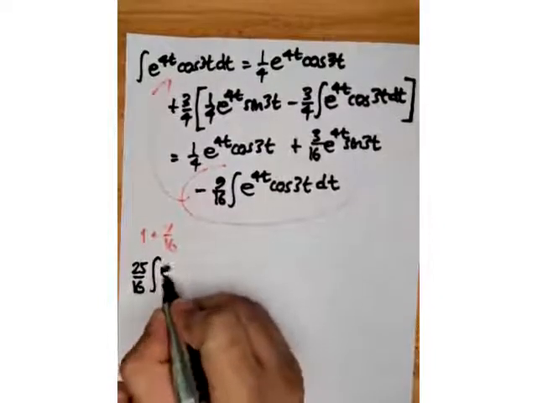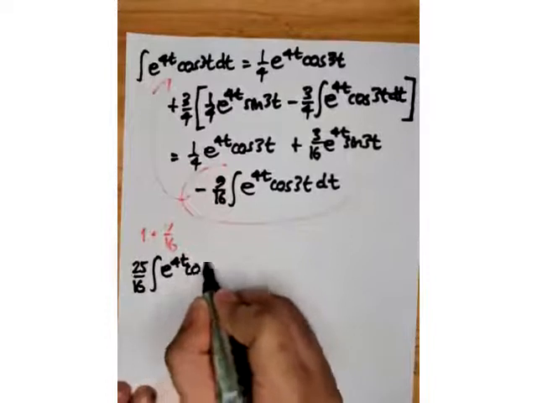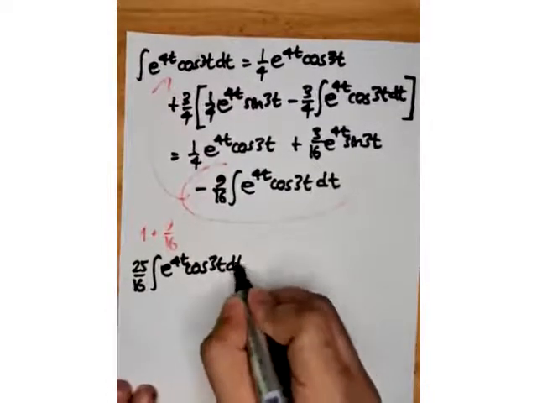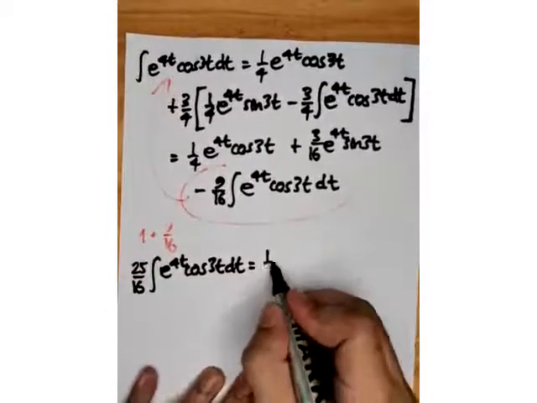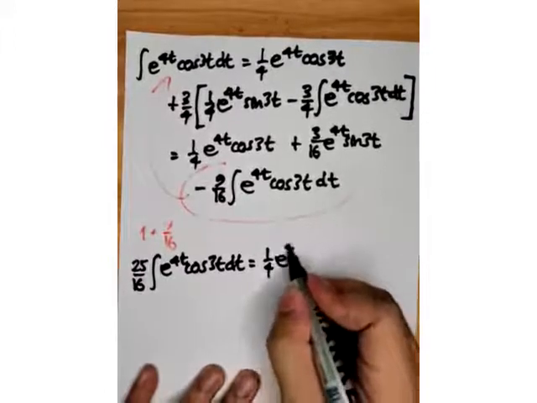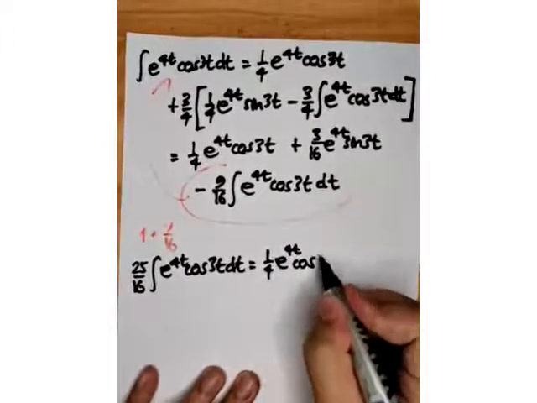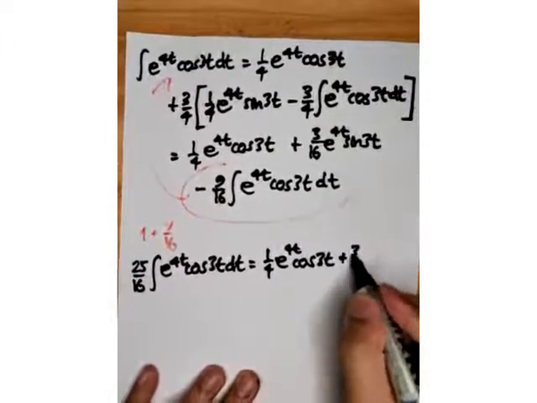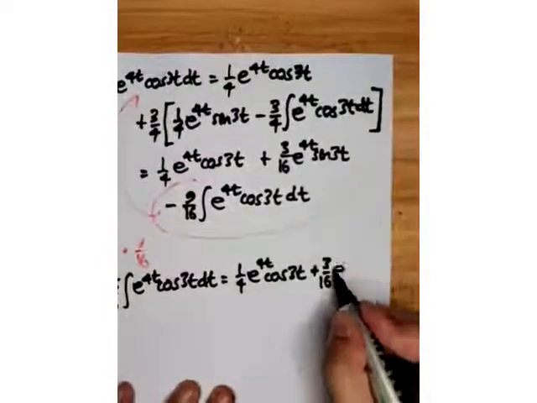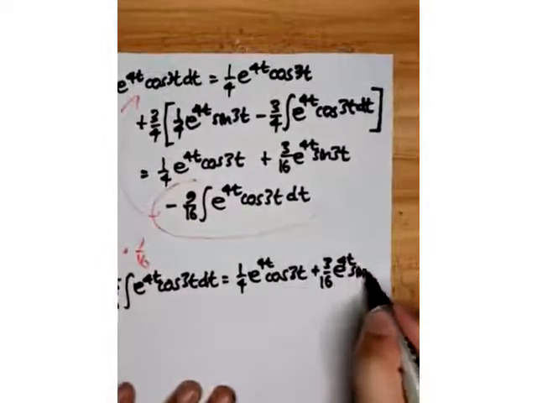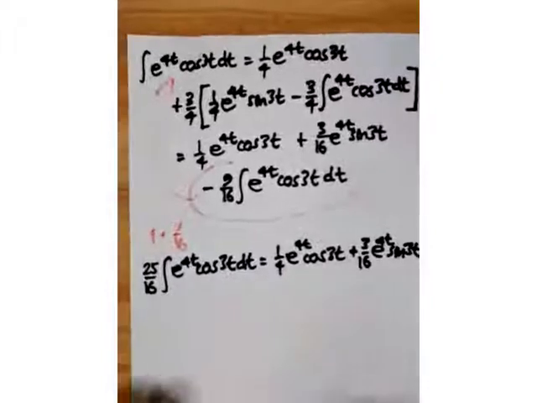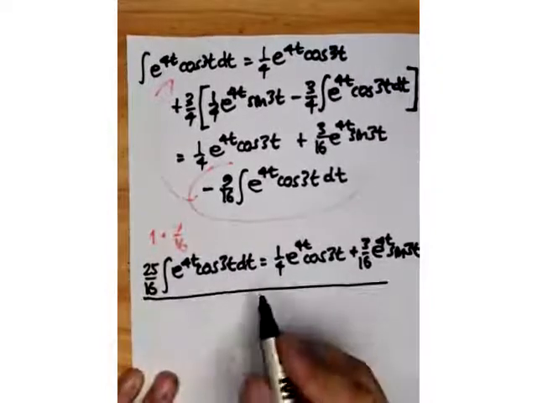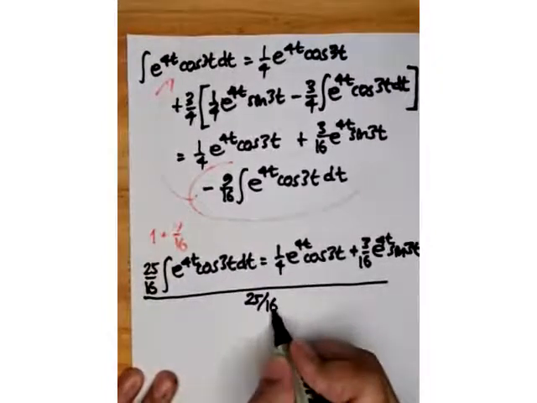25/16 times the integral of e raised to 4t cosine 3t dt is equal to 1/4 e raised to 4t cosine 3t plus 3/16 e raised to 4t sine 3t. And then we just divide it by 25 over 16.